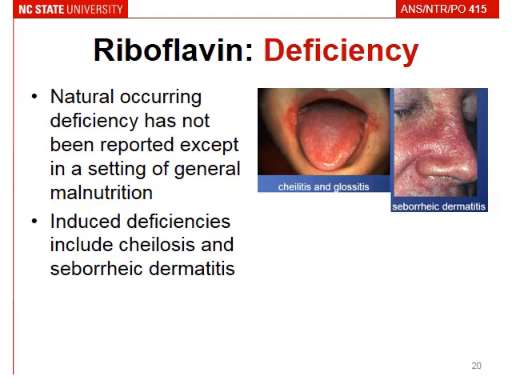So this is one of the, you can see on the right-hand side, a severe case of seborrheic dermatitis. So very red, dry. Usually this is occurring primarily on the face and the scalp, not so much on the rest of your body.